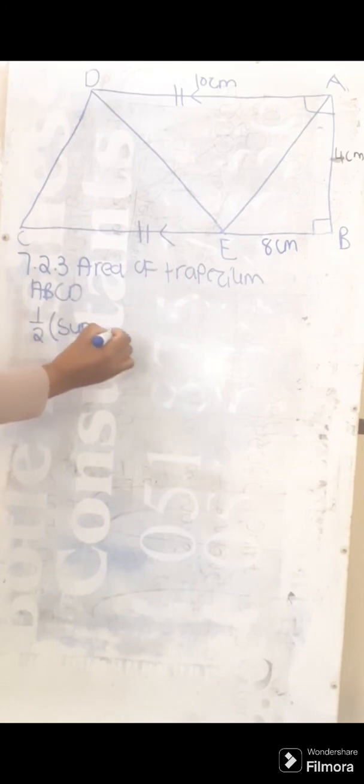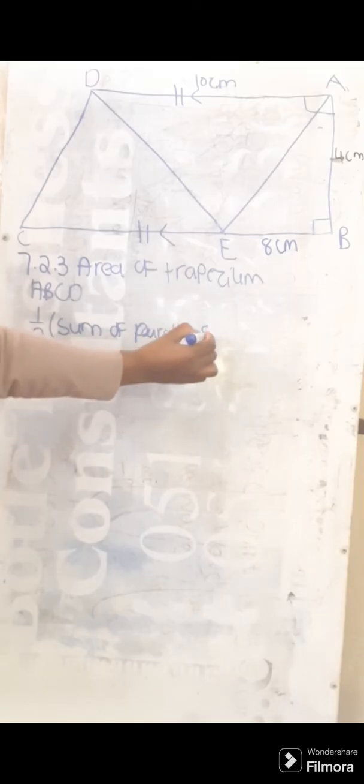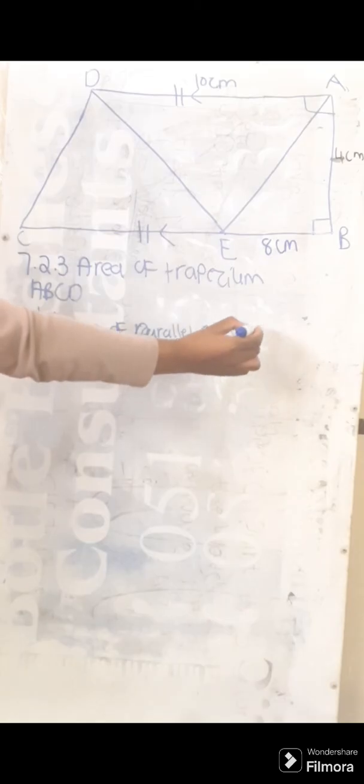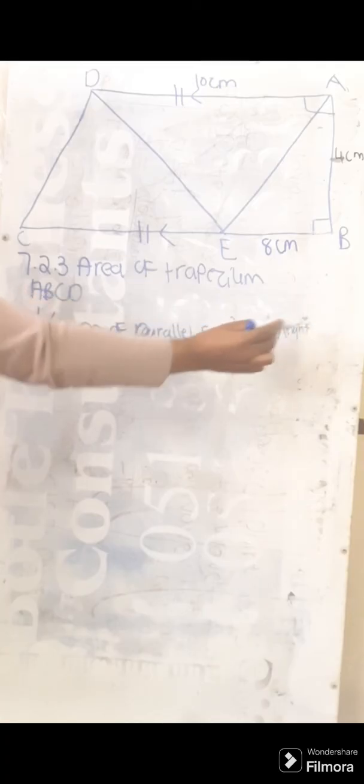So the area of this trapezium will be 1/2 the sum of parallel sides times the perpendicular height. That will be the area of a trapezium.